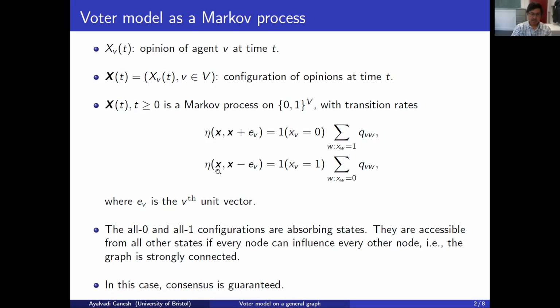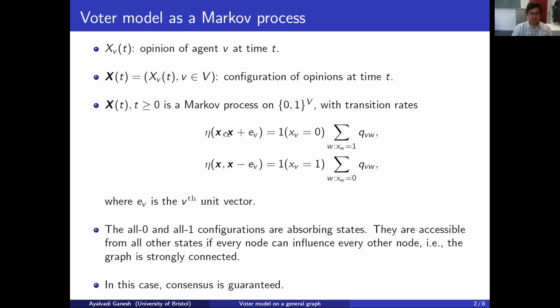Similarly, the rate of a transition from a configuration x to the configuration x minus e_v. Well, how can this happen? Then the vertex v should have had a 1 in the vth position, which changes to a 0. And for that to happen, v has to contact a vertex with opinion 0. So we sum over all such vertices w the rate for v to contact such a vertex w.